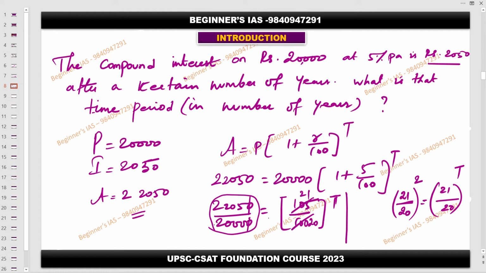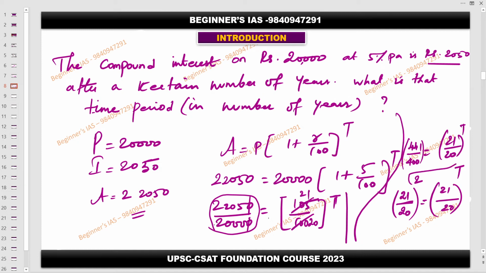Right, you are cancelling by using the same table. If you want, we can go with the previous step also. So obviously here 400, then here 441, 21 the whole square becomes 441, and 20 into 20 becomes this one.